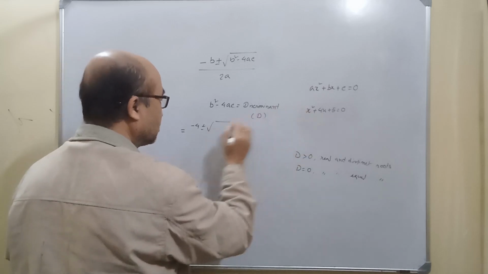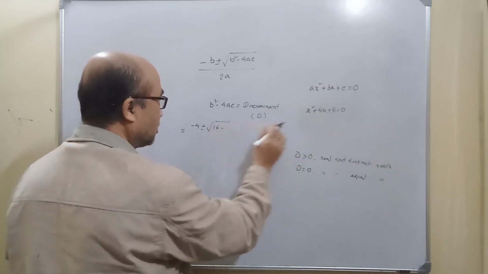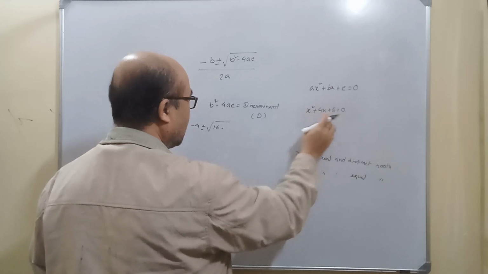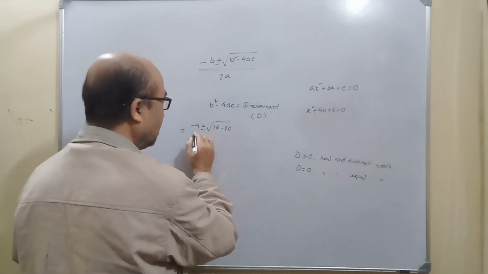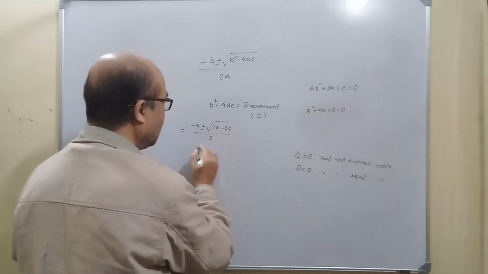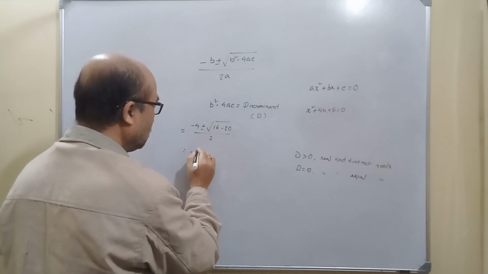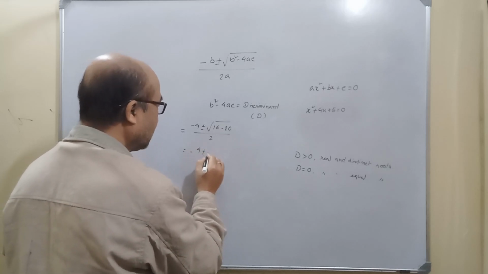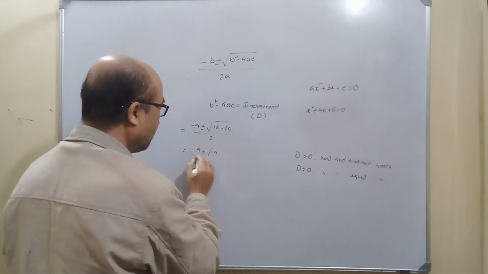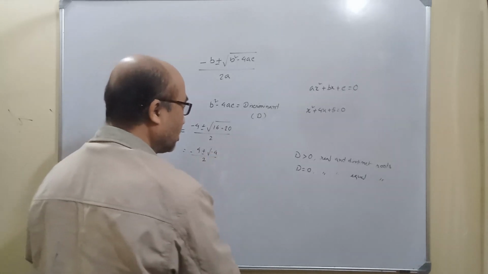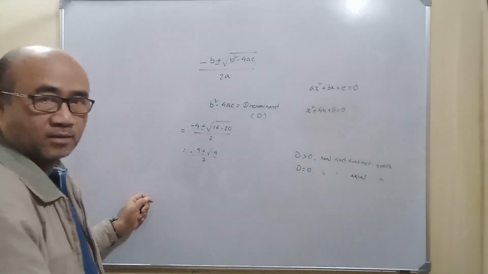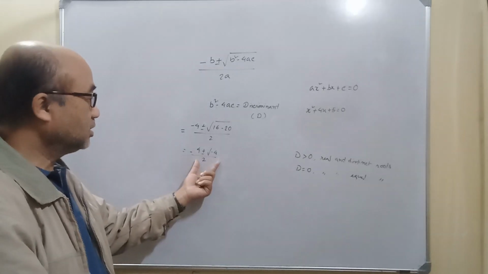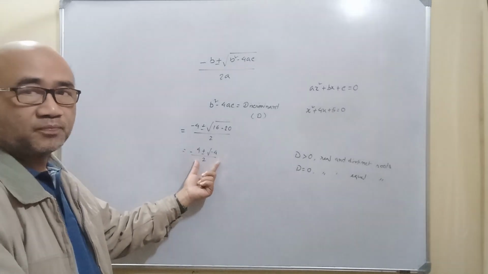What is b square? 4 square is 16. What is 4ac? 4 into 1 into 5, it is 20, divided by 2a. What is 2a? Equal to 2. So we get 4 plus minus the root of minus 4, by 2. Okay, this one will give us the roots.